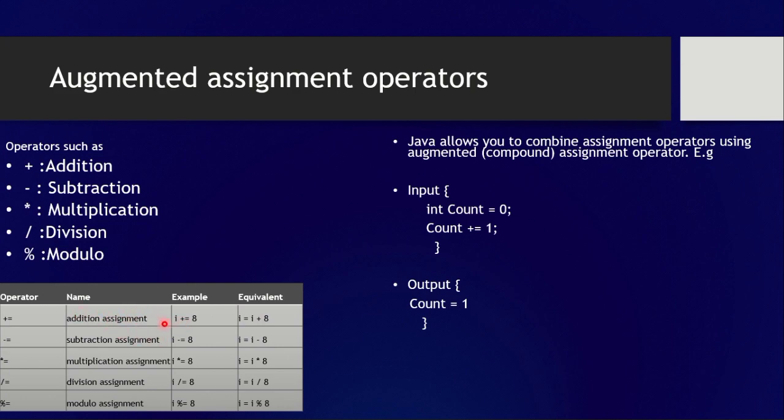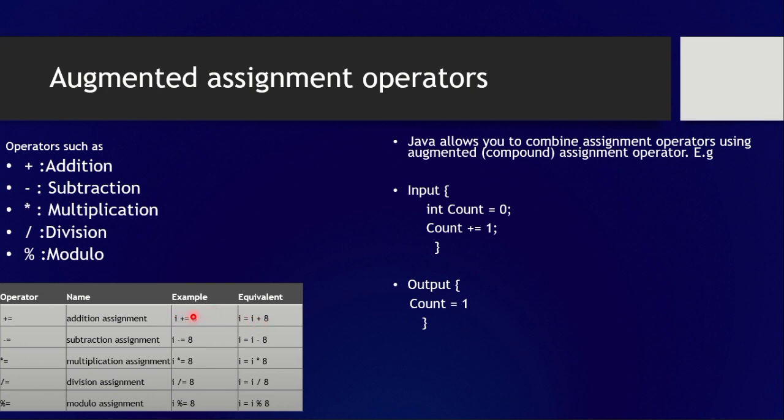So our addition assignment, when we declare a value as I, we say I plus equals 8. We are basically saying the value of I will be equal to I plus 8. So if we have I as 1, and then we say I plus equal to 8, the new value of I is going to be 1 plus 8, which is going to be 9.